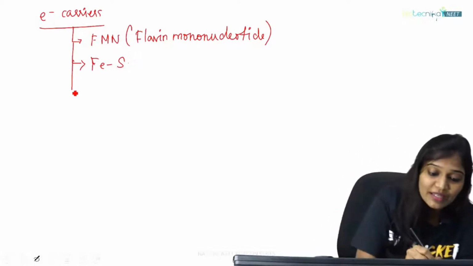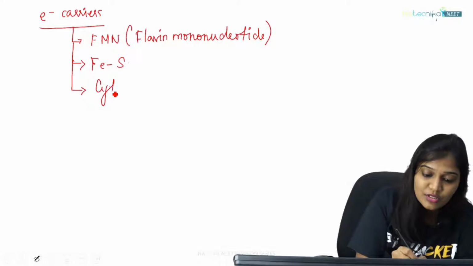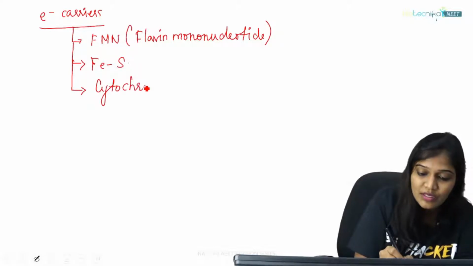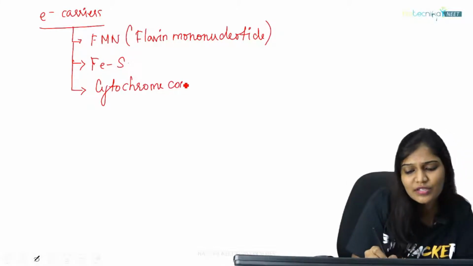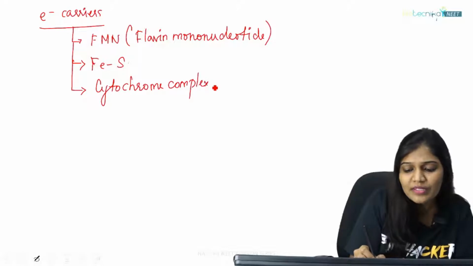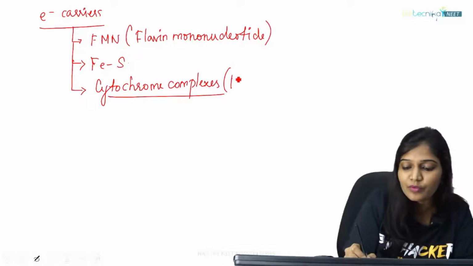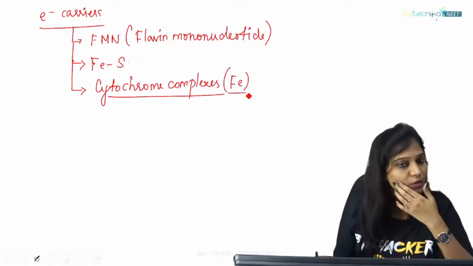The next one is cytochromes. Usually, cytochrome complexes are made up of heme, so they are iron proteins.